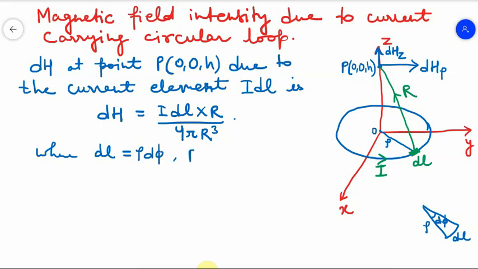Now what is the R vector? This R vector means the position vector of point P minus the position vector of this dl. Point P is 0, 0, h minus this dl, which is lying in the xy plane, so obviously it will have x and y coordinates, so here we can write x, y, 0.